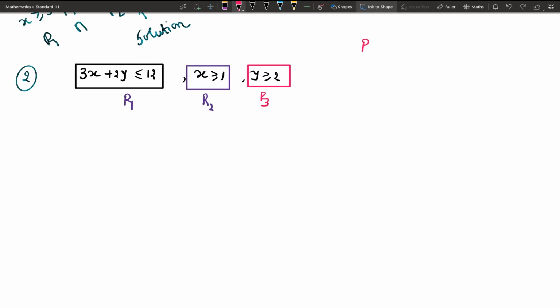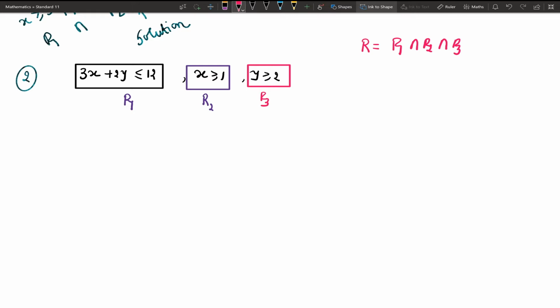So the final solution graphically will be R1 intersection R2 intersection R3. So the solution part contains the intersection of all these three regions.